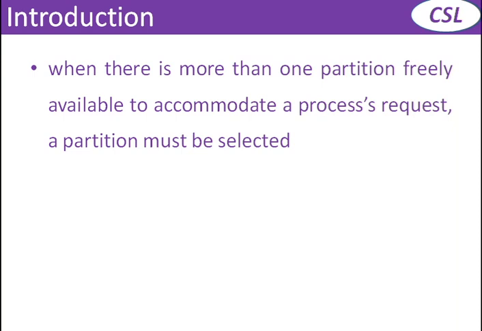But if there is a request with 5K and multiple partitions are available in the memory, then we need to choose a particular partition, and based on that, we can accommodate the process request.